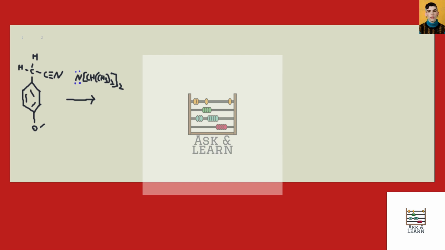There's going to be two lone pairs on the nitrogen, and so the nitrogen is going to have a negative charge. And basically, it is just going to grab a proton from this benzylic carbon. The electrons from that bond will revert to that carbon. And so now we have an intermediate that's going to look like this.